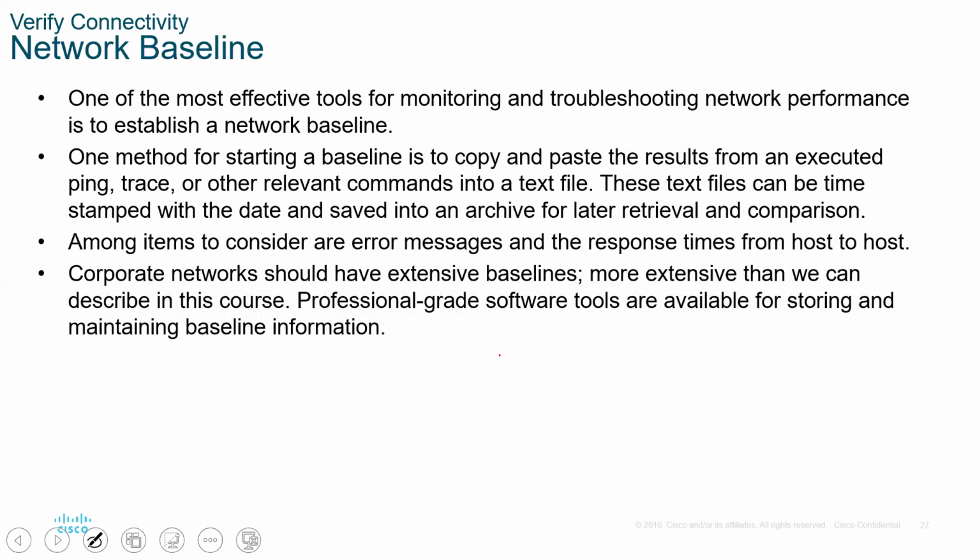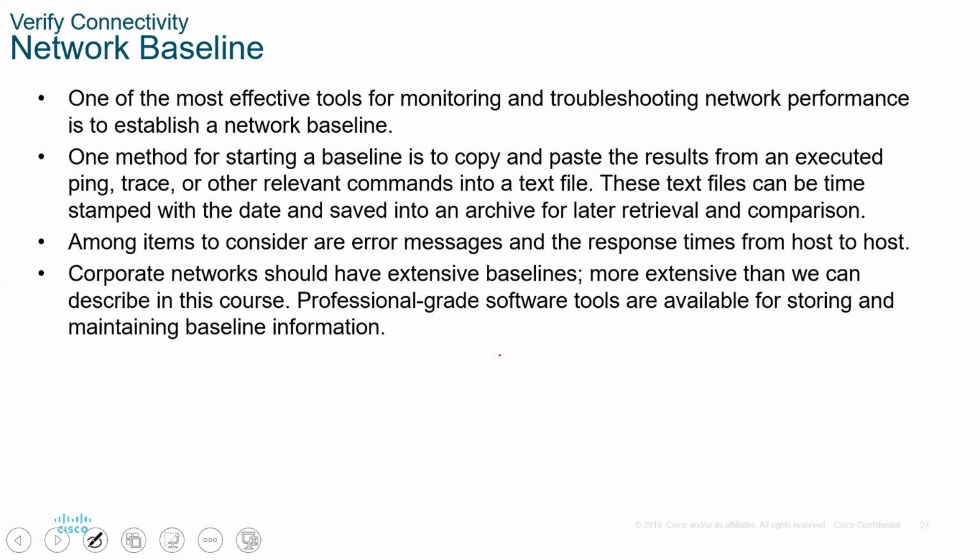Now, network baseline. One of the most effective tools for monitoring and troubleshooting network performance is to establish a network baseline. One method for starting a baseline is to copy and paste the result from an executed ping, trace, or other relevant command into a text file.